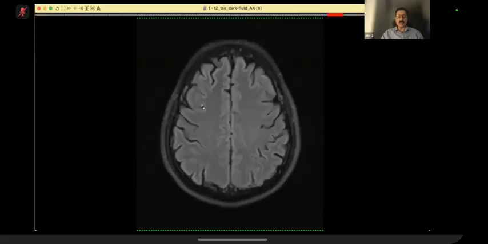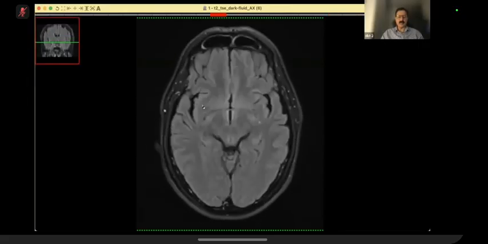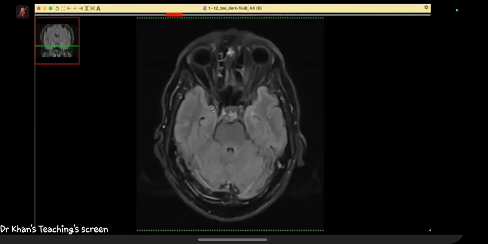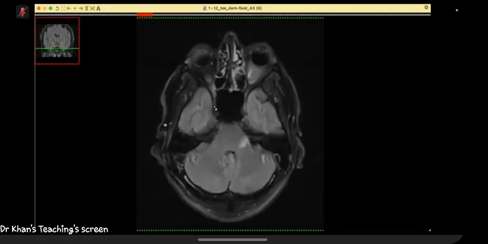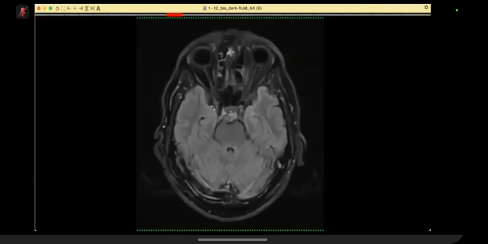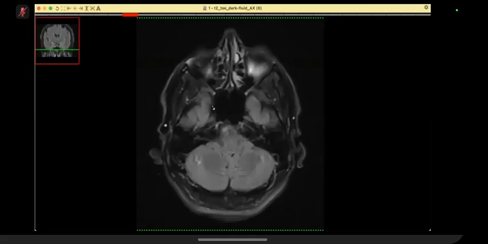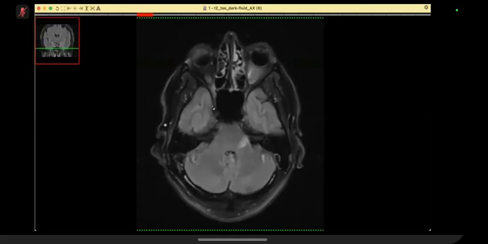The only finding is this one. What do you think? How will you describe this finding? This is a left cerebellopontine angle lesion of high signal intensity. I can't see mass effect.